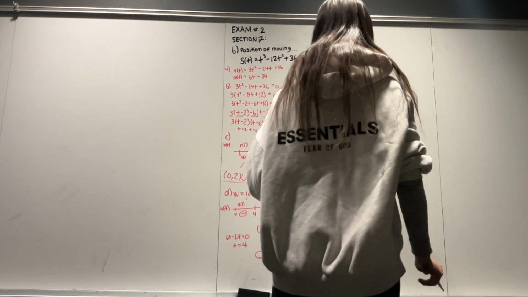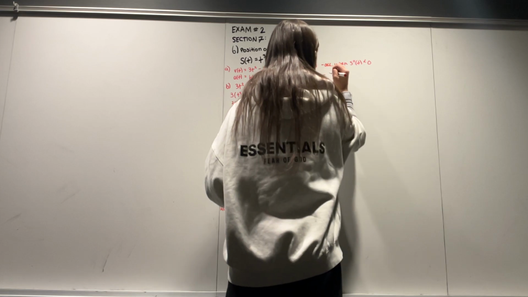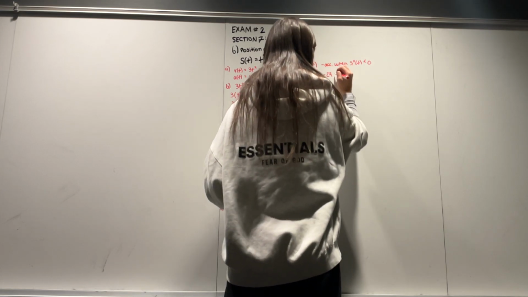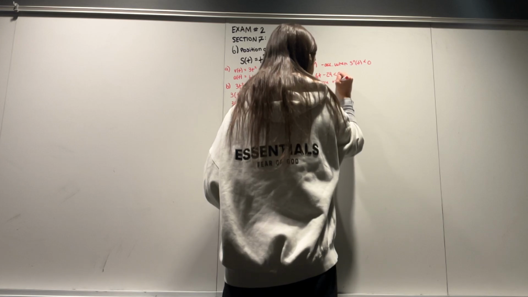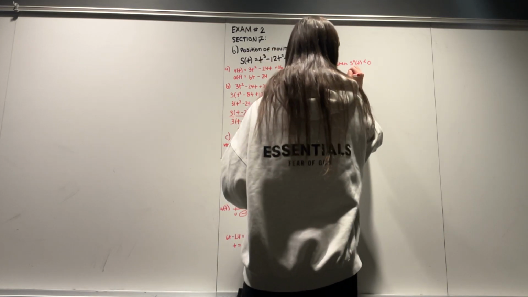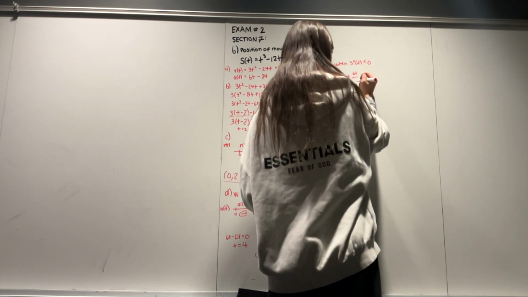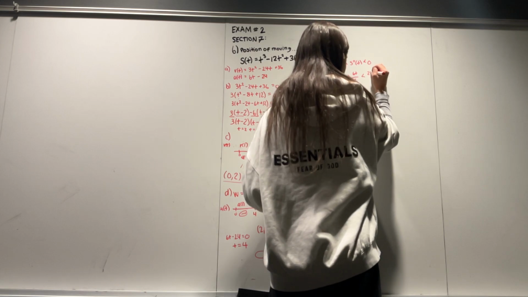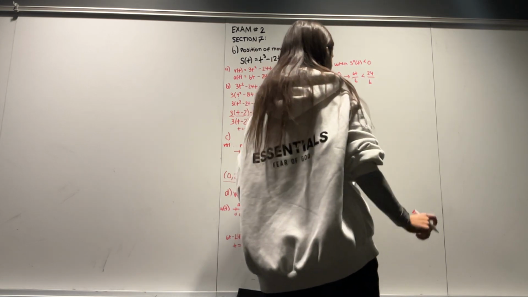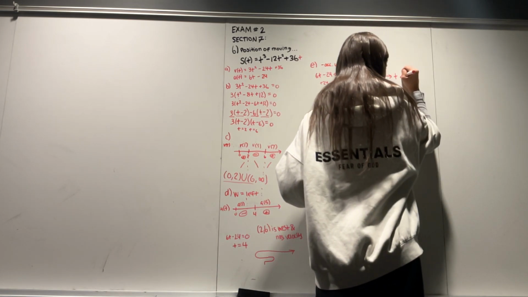So then what we're going to do, 6t minus 24 is less than 0, so 6t is less than 24. We're going to divide, because we're going to have 24 over 6. And then this is going to give you t is less than 4.